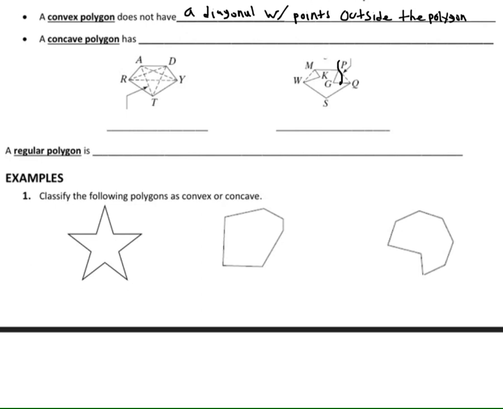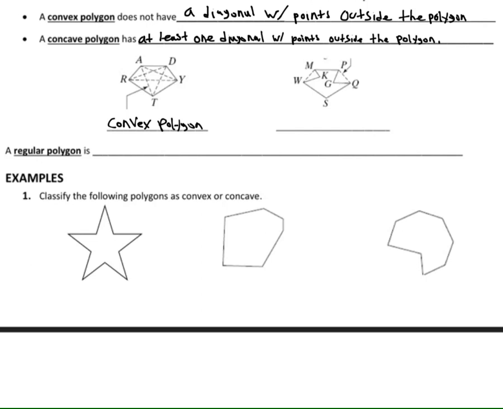We have a dotted line connecting from A to T, from D to T, R to Y, R to D, and A to Y. If you look at all these lines being connected, all of the points on those lines are inside of the polygon. None of those points are outside. That's what makes this a convex polygon.